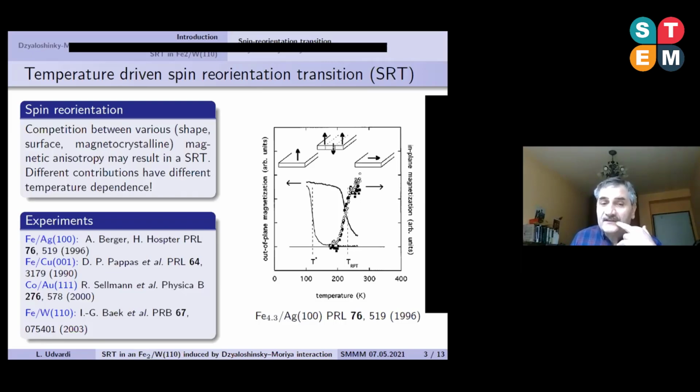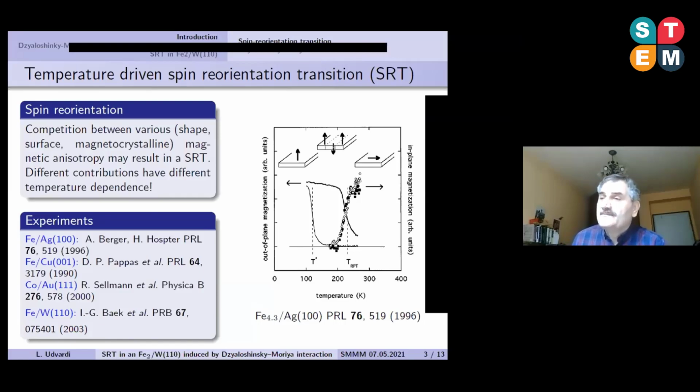A monolayer or a double layer of iron on gold has a normal to plane orientation, and if we further increase the film thickness, the orientation of the magnetization turns into the plane.